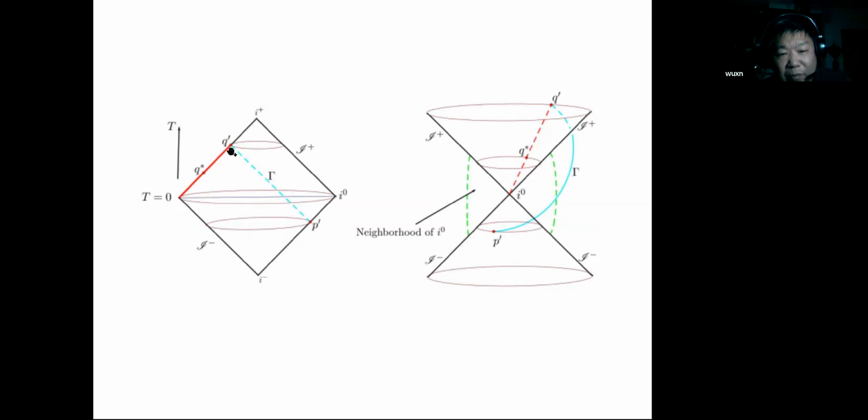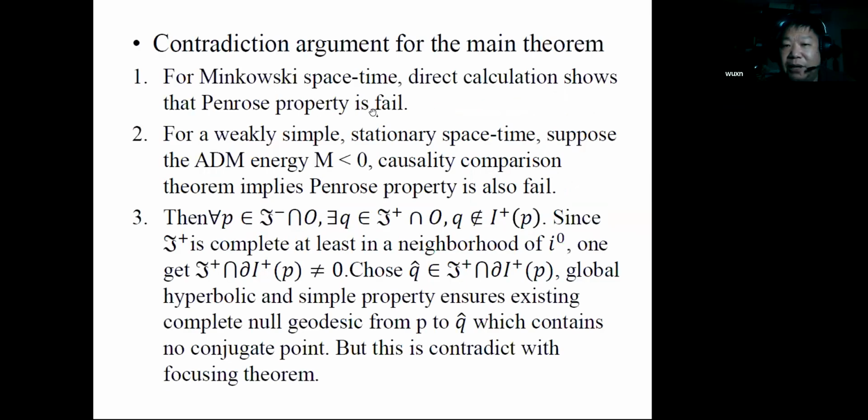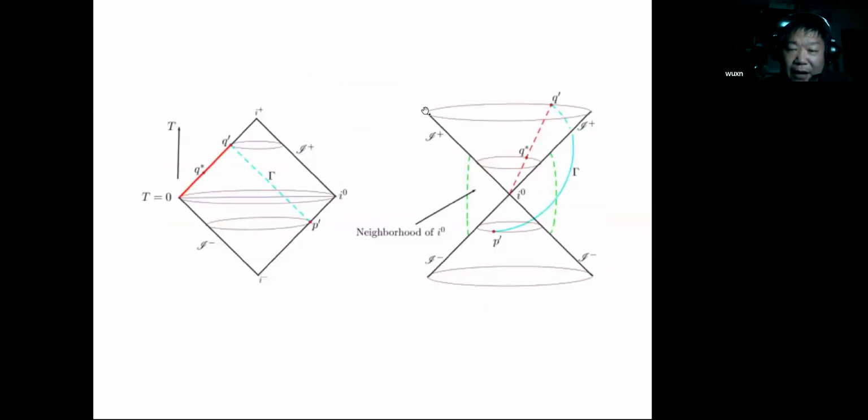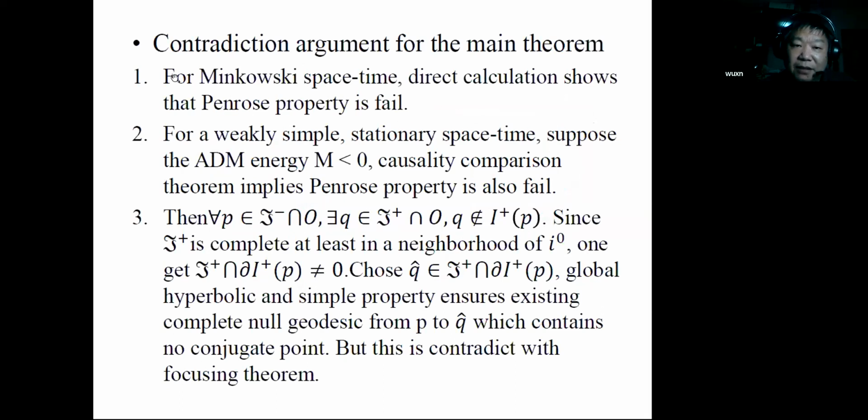Then you will find that all the points on the right part of this line cannot be connected with P prime by any time-like curves. That means that the Penrose property fails. So for the Minkowski case, the Penrose property fails.